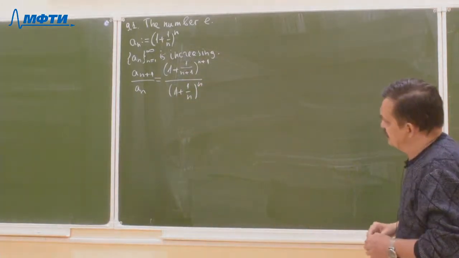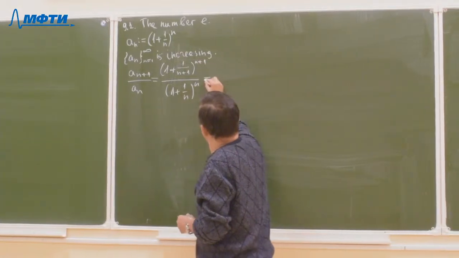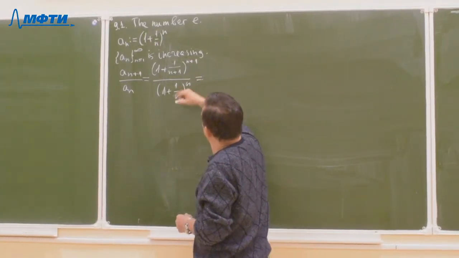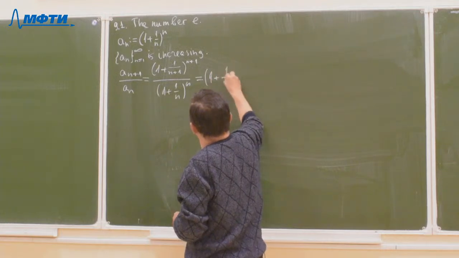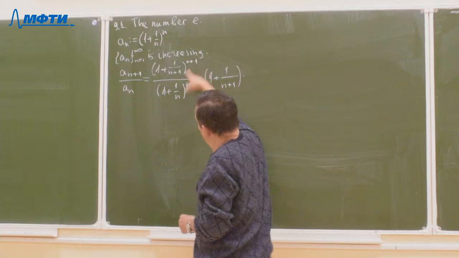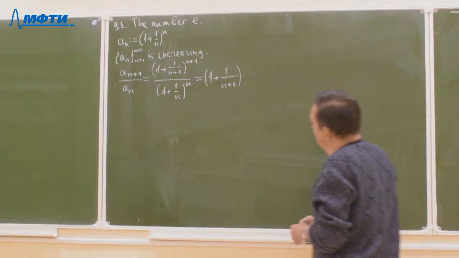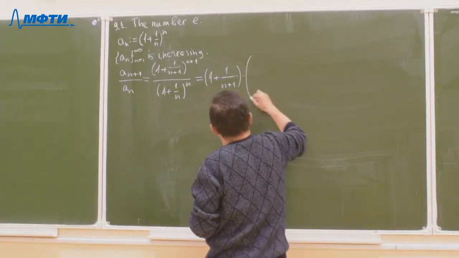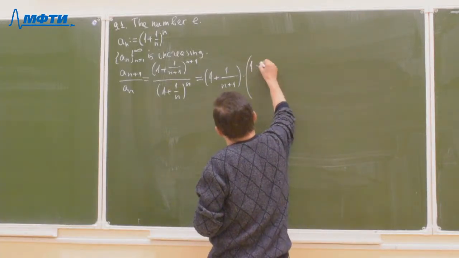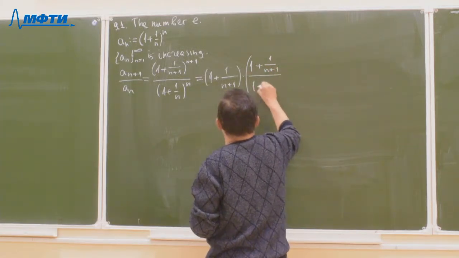Now, we'll use properties of powers, so (1 plus 1 over n plus 1) power 1 I'll consider in a different way, and everything else I'll put into one ratio.